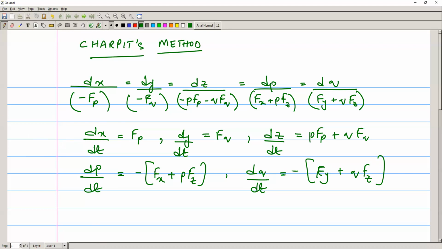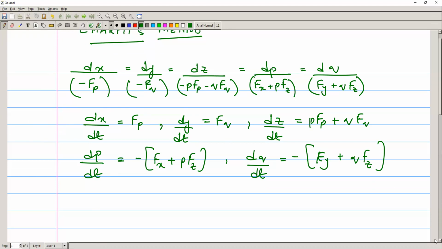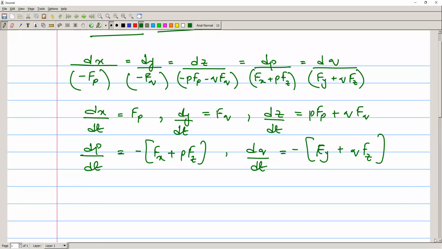So this is almost a similar method, but we are not dealing with the initial value problems here. We just need a general solution for a given PDE. So the first thing is that we have to use a couple of these equations, and we have to find p in terms of x, y, z, and q in terms of x, y, z.